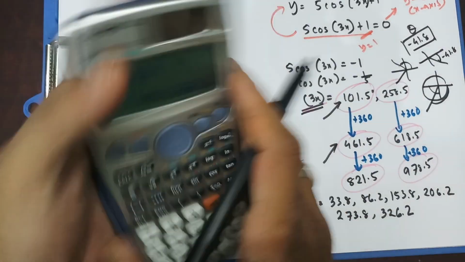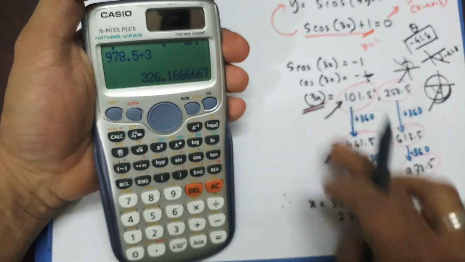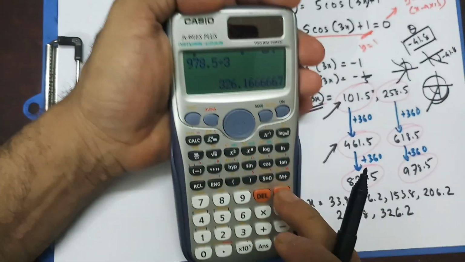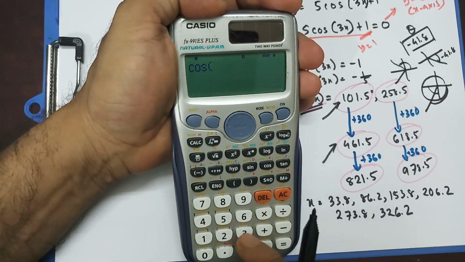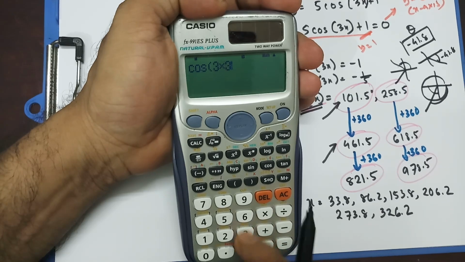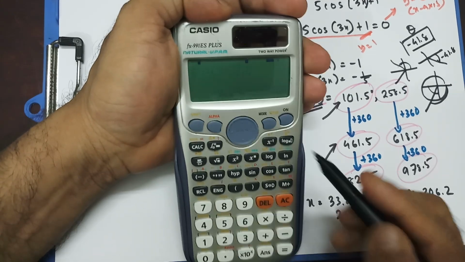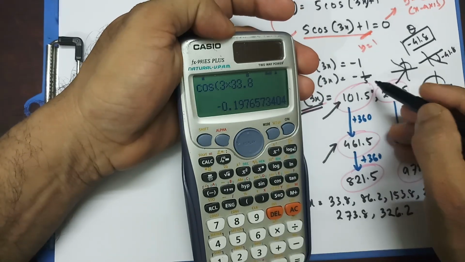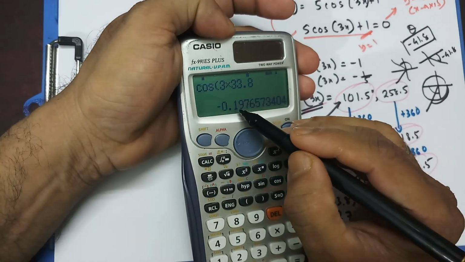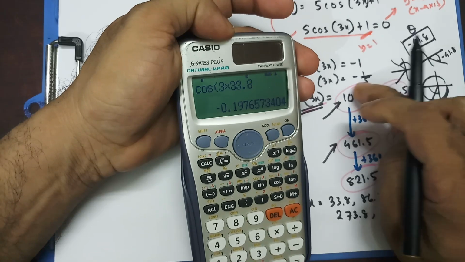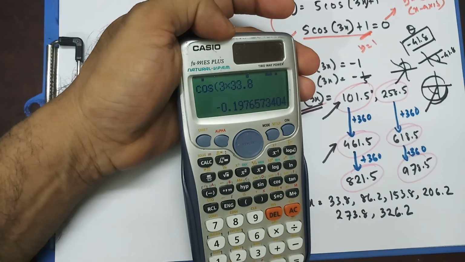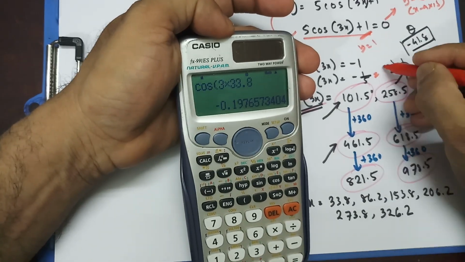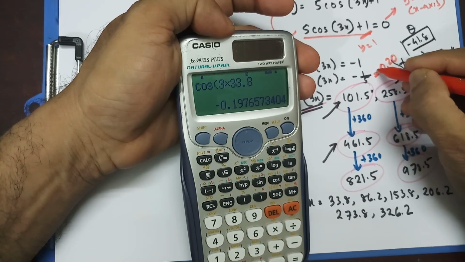Let's check this by plugging these values in here. So cos 3x, cos 3 times 33.8 gives me 0.197. That's pretty close to minus 0.2, because minus 1 by 5 is equivalent to minus 0.2.